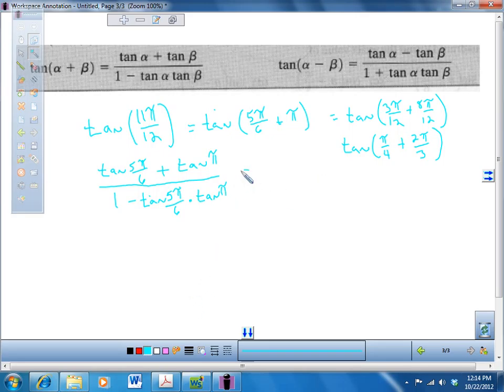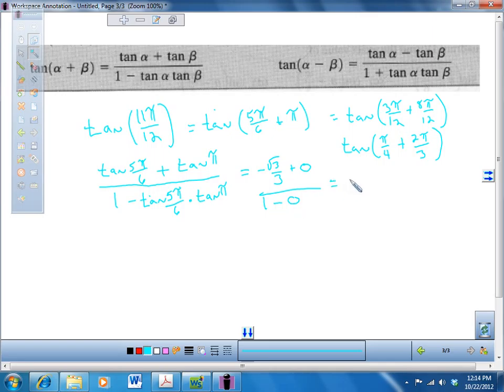So tangent of 5 pi over 6 is the same as the tangent of 150 degrees, right? So what's that? Who knows? Negative root of 3 over 3. What's the tangent of pi? 0. Okay? Over 1 minus what? 0? Is that it? Is this the answer?